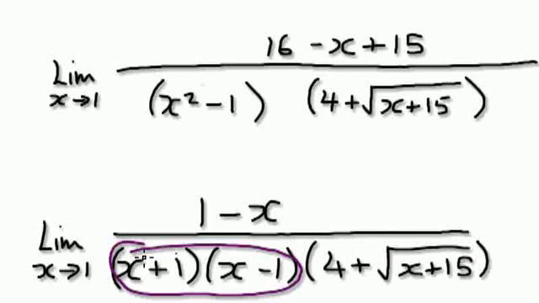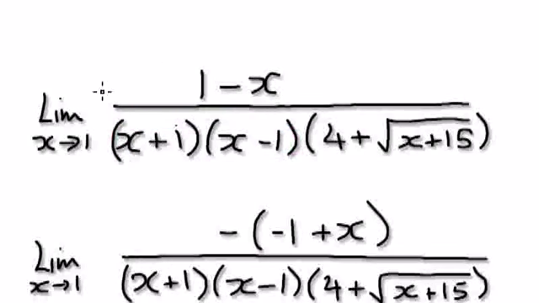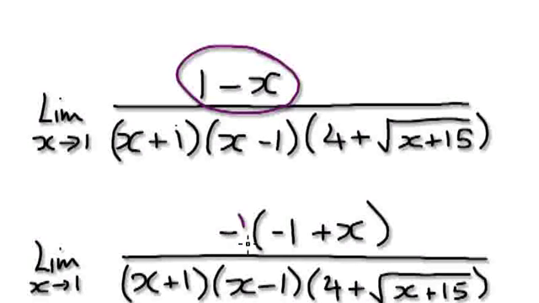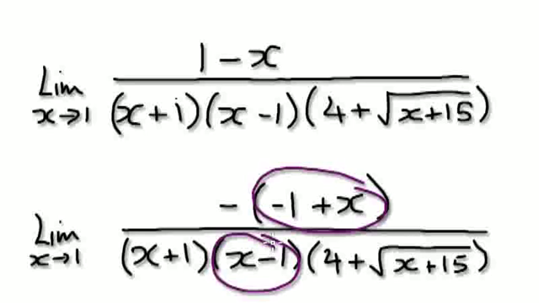Okay, and then once you're here, this is just a trick. Looking at this here, you can factor out the minus 1, and then change the sign of this and this together. The reason why I'm doing this is just so that I can get this to be the same as this here.